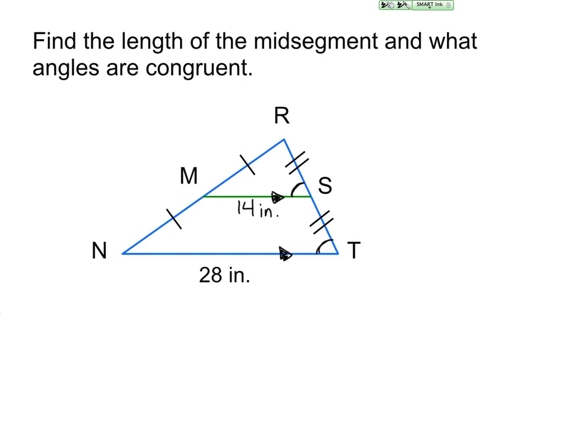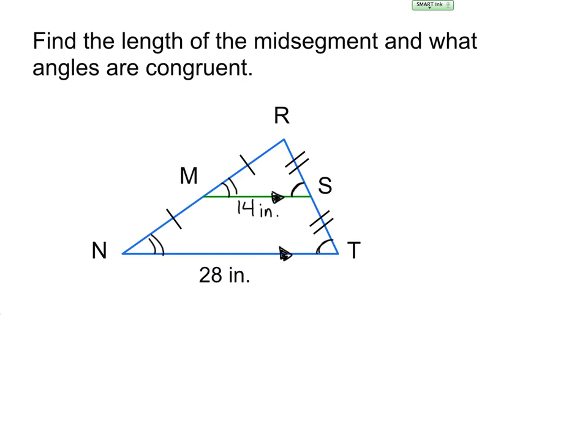Okay? What other ones are congruent? RNT, same reason, the parallels, corresponding angle converse. Angle R is congruent to angle R. Reflexive property could be going on there. I don't think that's one that they wanted, but that's one that's there.